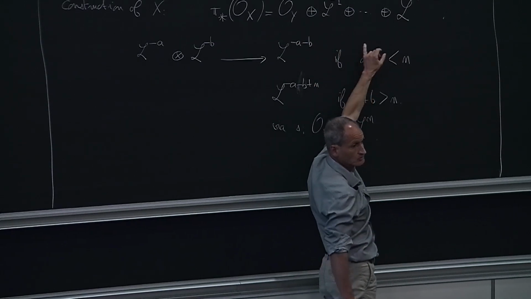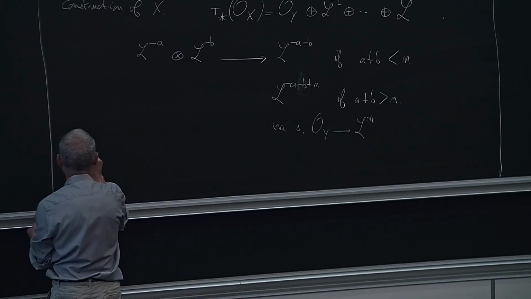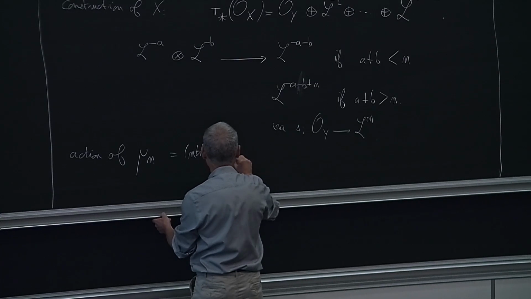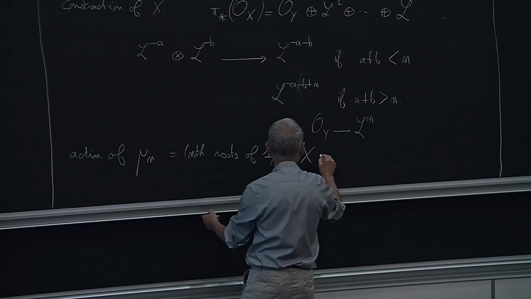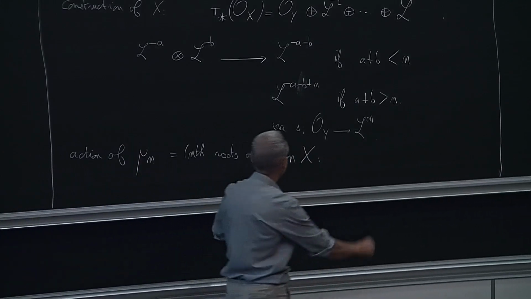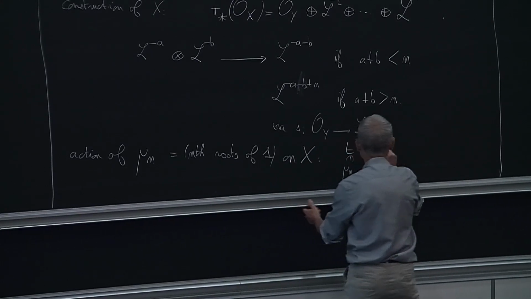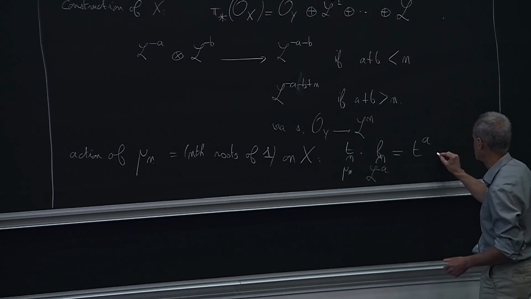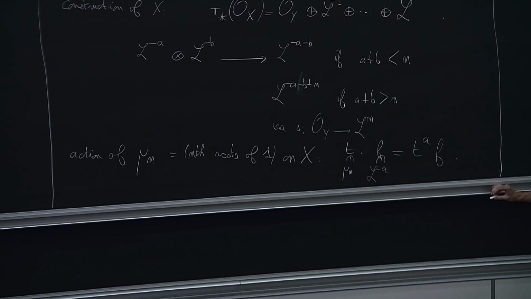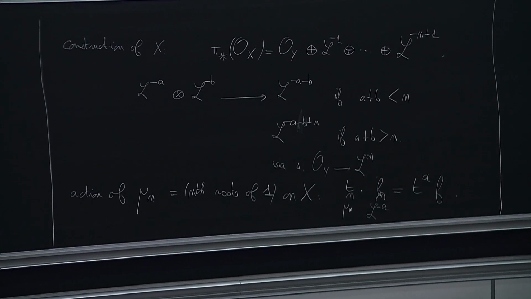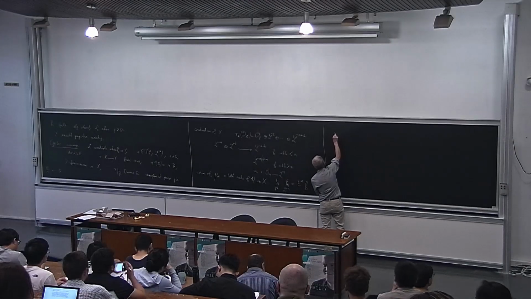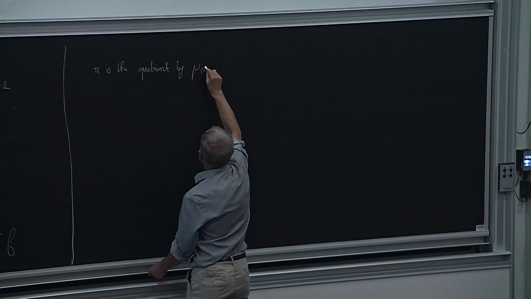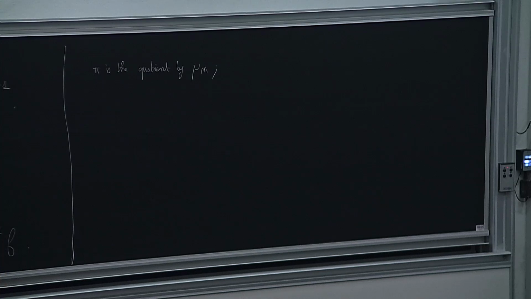This is a grading by Z mod n, and mu n, which acts on X. Well, if you take some t in mu n and some f in L to the minus a, multiplied by this. Because mu n are just these ones.